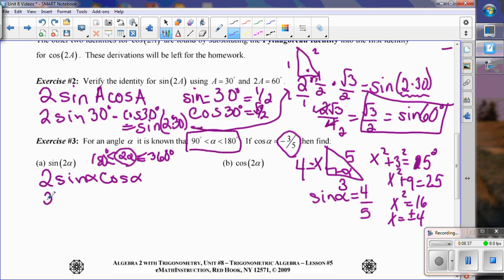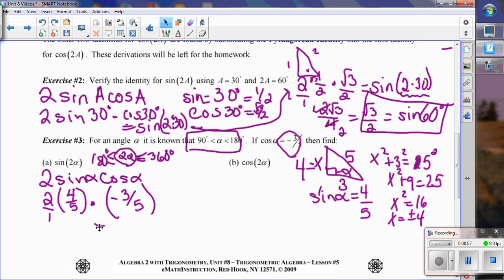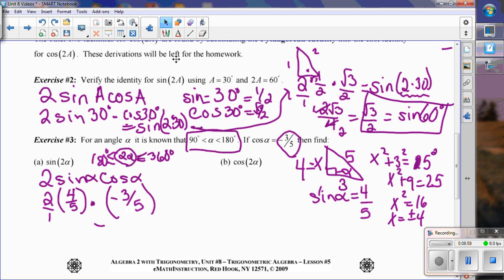Now, we know this is going to be 2 times the sine of alpha, which we just found was 4/5, times the cosine of alpha, which was given to us in the problem, -3/5. Put this over 1 and do the multiplication. Oops, somehow I got out of the pen mode here.